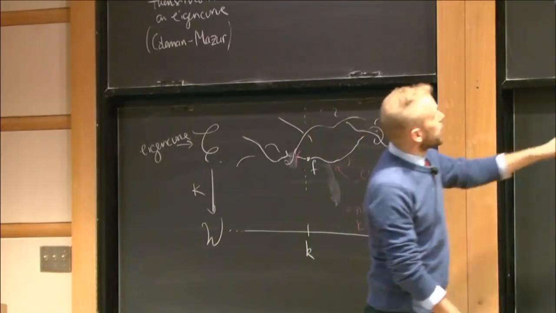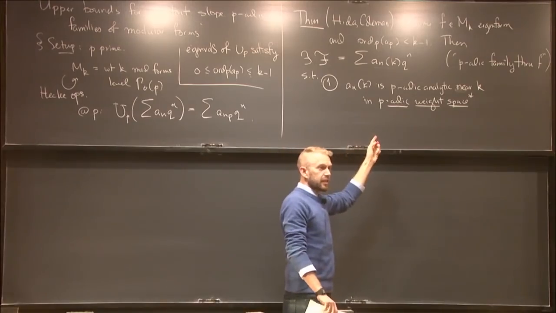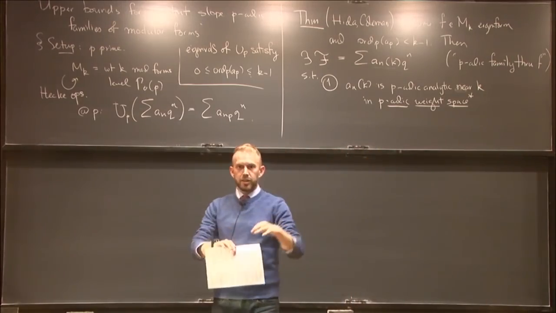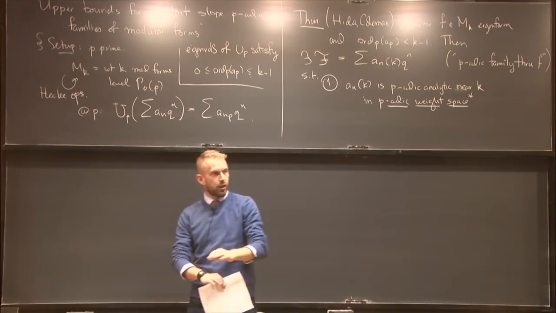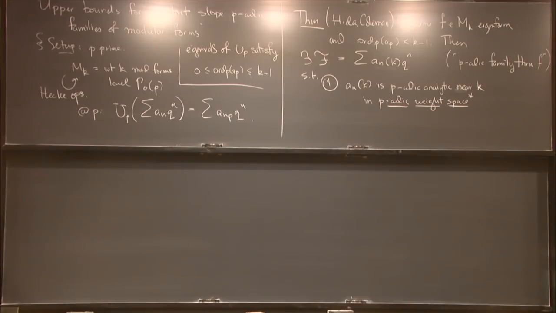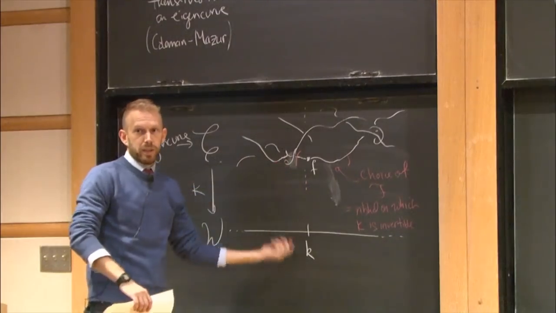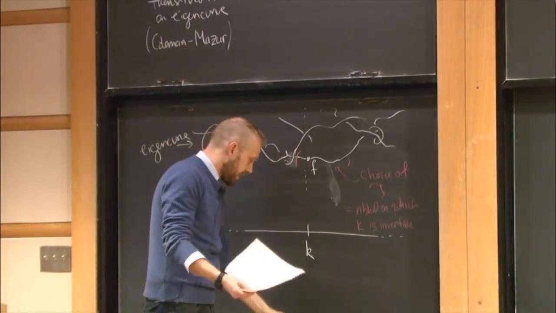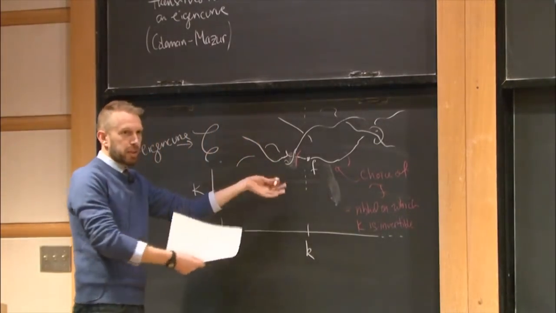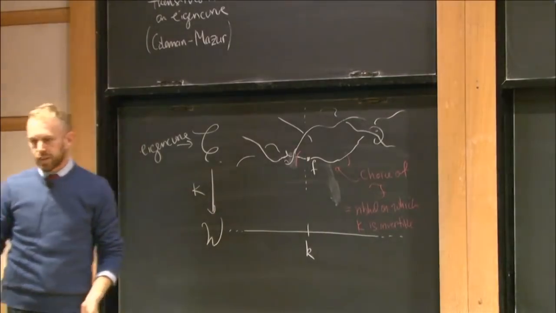Because you see, I parameterize my families by the weights. Right? The eigencurve parameterizes the modular forms, but here I've written everything in terms of the kappas, which are downstairs. Okay, so asking for such a family is asking for a neighborhood of F on the eigencurve in which the weight map is invertible. Okay? I say it like that because it's some basic geometric question then that you can ask.